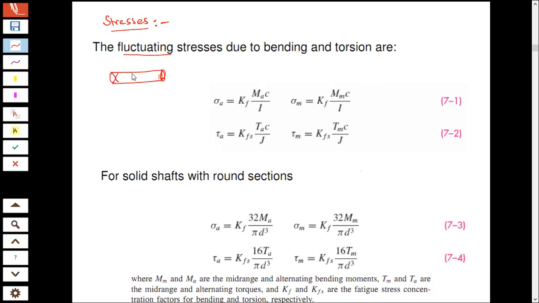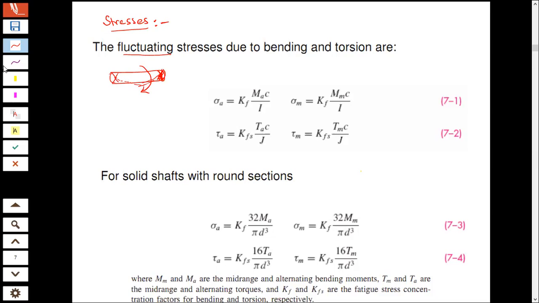Like, for example, this is a shaft. What do you think the stresses are in here? Okay, this shaft is rotating, right? So first of all, this shaft, if you have a support, bending stress is the important one. ठीक है जी?